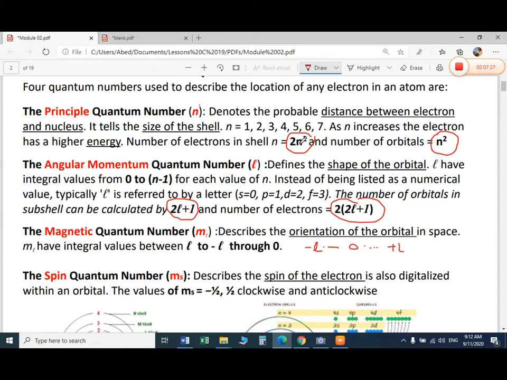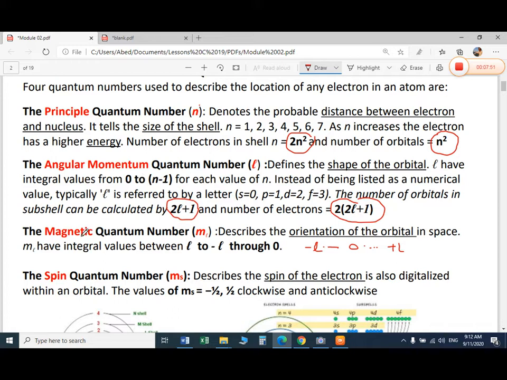N means principal quantum number, means to calculate in the shell, or they are talking about L, the angular momentum quantum number, means subshell. So you have to understand that this formula is talking about the shell N, and this is talking about L, meaning subshell. So SPDF, this is the angular momentum quantum number.